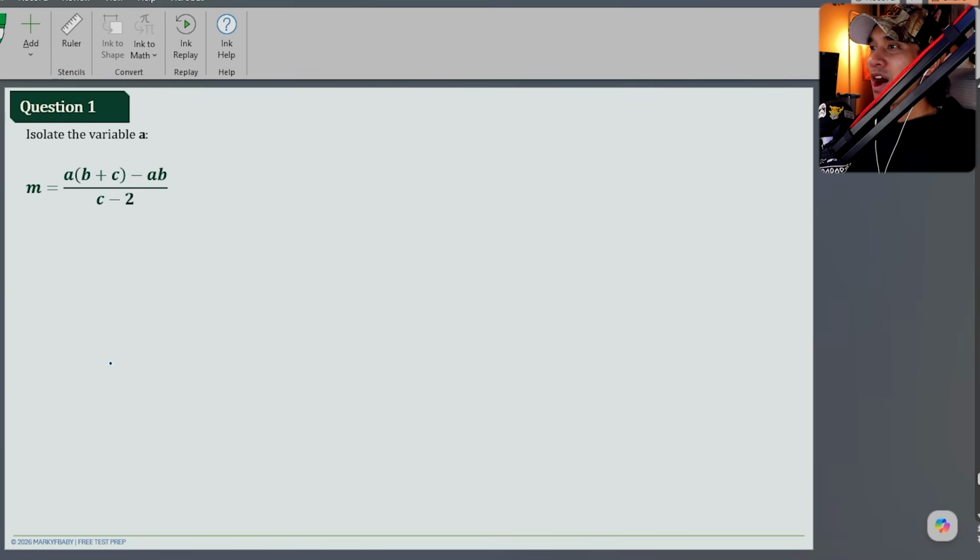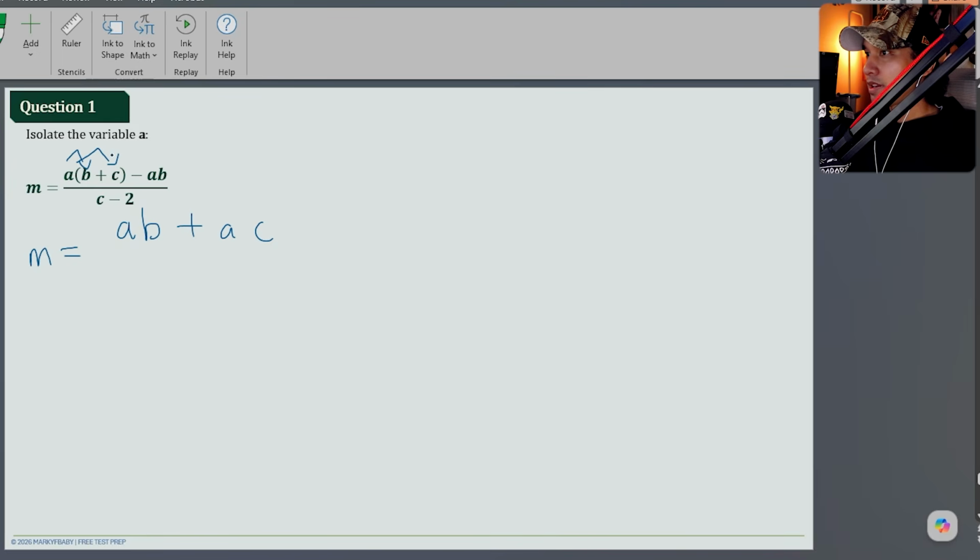Question number 1. Isolate the variable A. The first thing that I am going to do is distribute the A to the parentheses, okay? So then we have M equals AB plus AC.